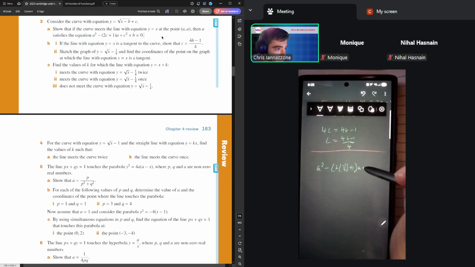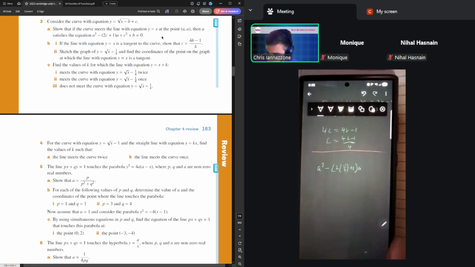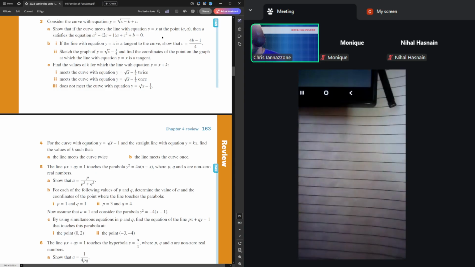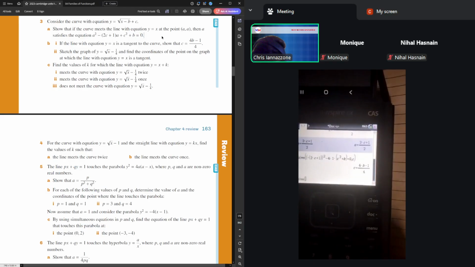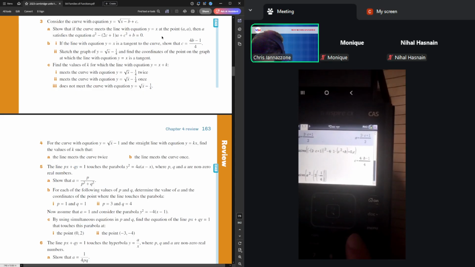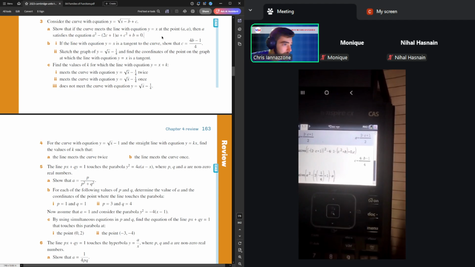Oh, actually, why am I doing this by hand? This isn't a show that we can't just CAS this out. I'll just write down exactly what we had before. Bracket 2 bracket minus a quarter plus 1 times a.